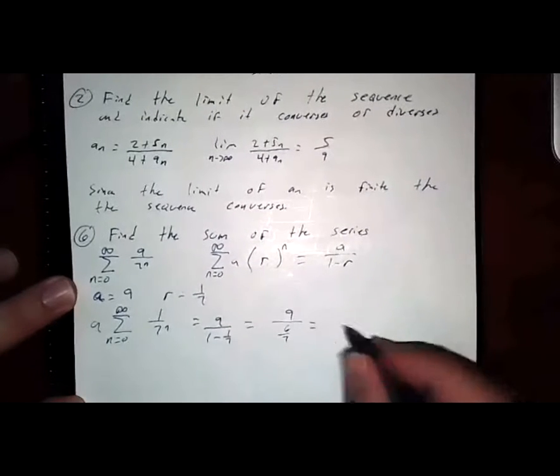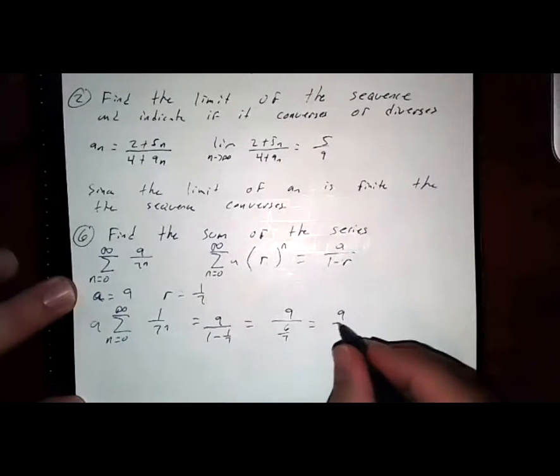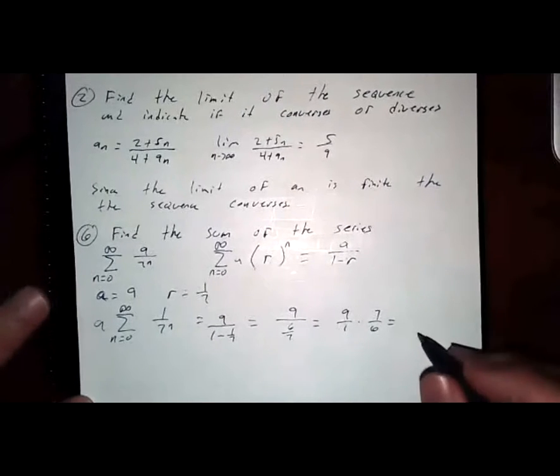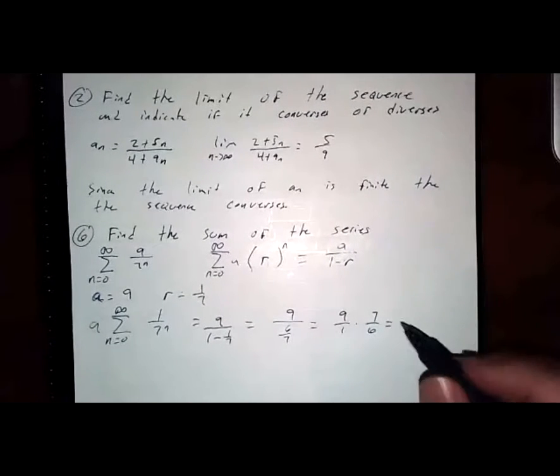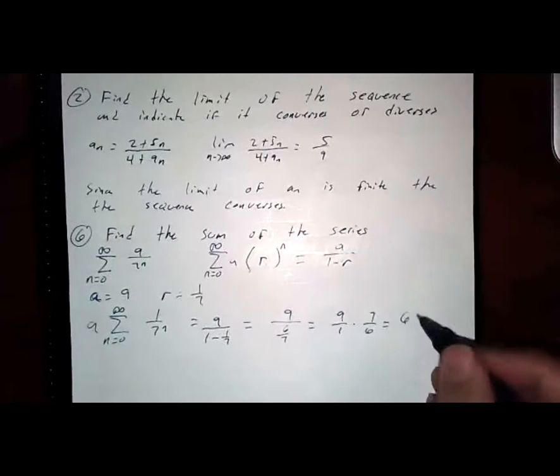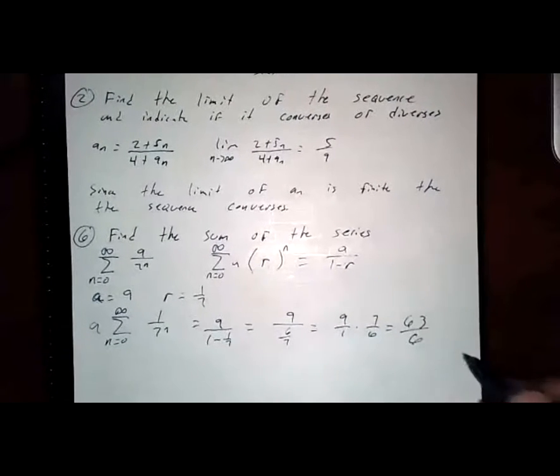So it'll be 9 over 1 times 7 over 6, which is what? 63 over 6.